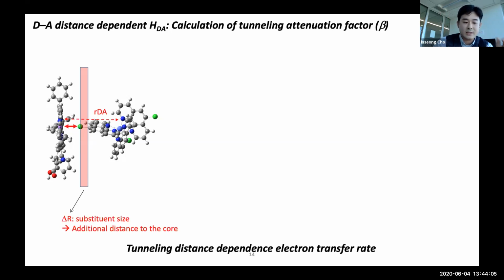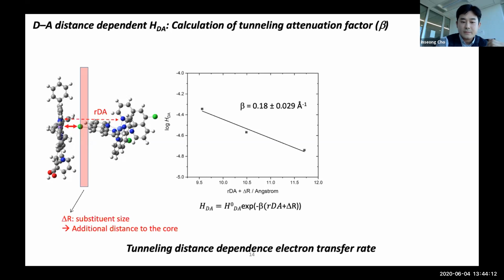So that gives delta R, which gives additional distance to the core. So we plotted the HDA value, which is the electronic coupling from the fitting in the previous slide, as a function of RDA, the donor acceptor distance, and calculated this tunneling attenuation factor, which is 0.18 in our case.